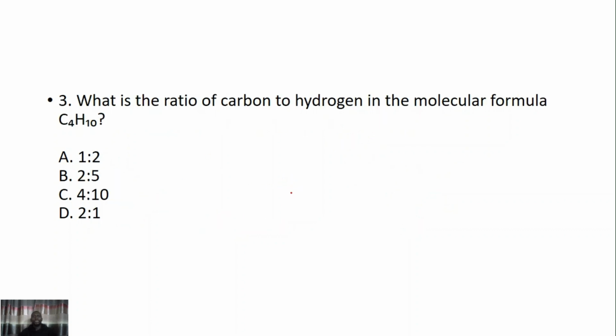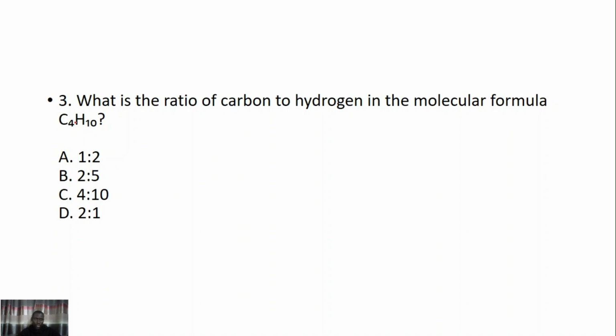Next question: what is the ratio of carbon to hydrogen in the molecular formula? What you just need to do here is to divide to the simplest ratio it can be.